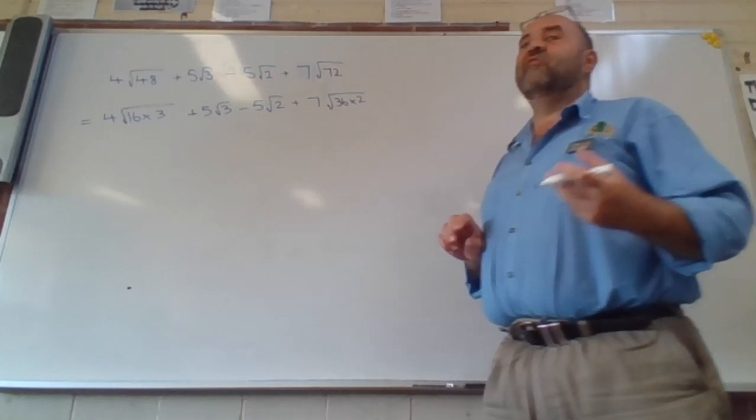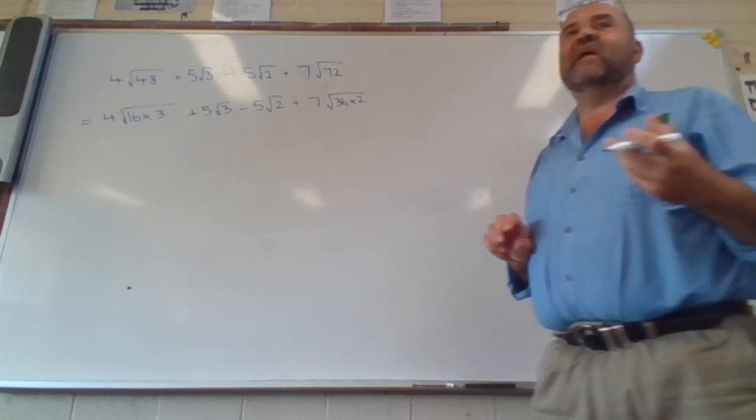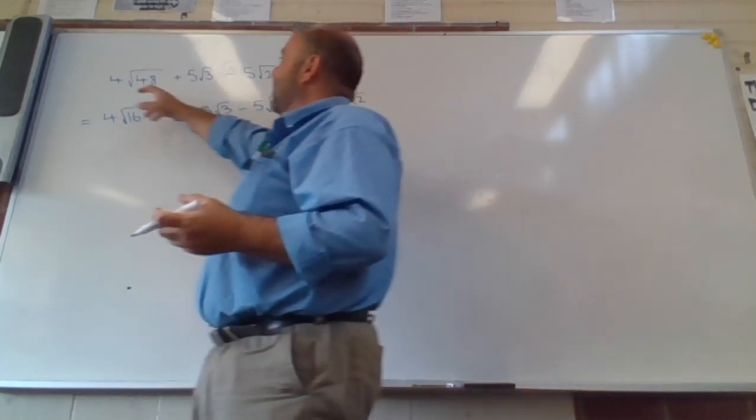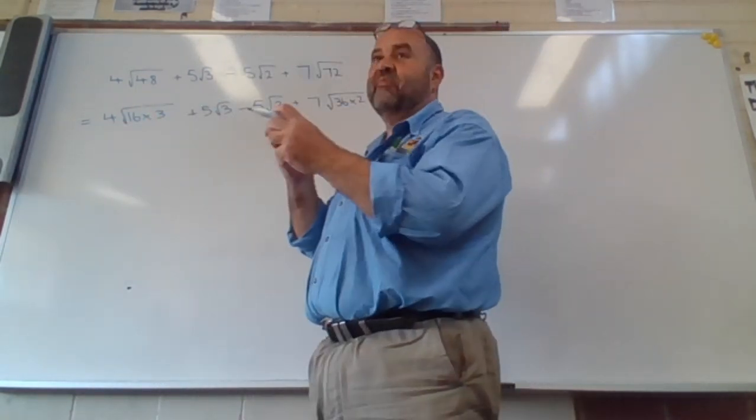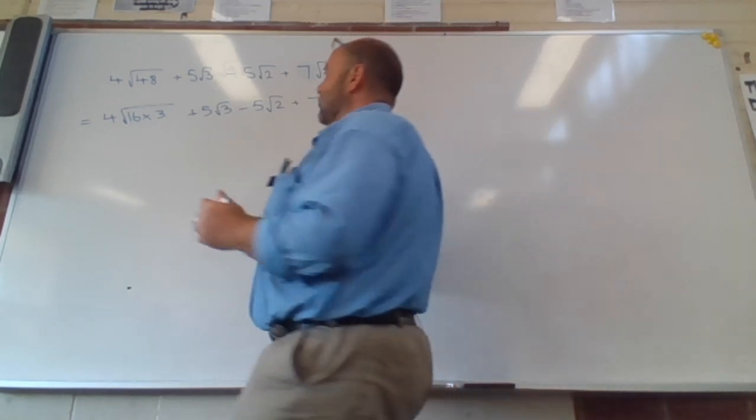Once I've expressed everything under the radicals in terms of the biggest square number that can go into it, I then split up the surds.